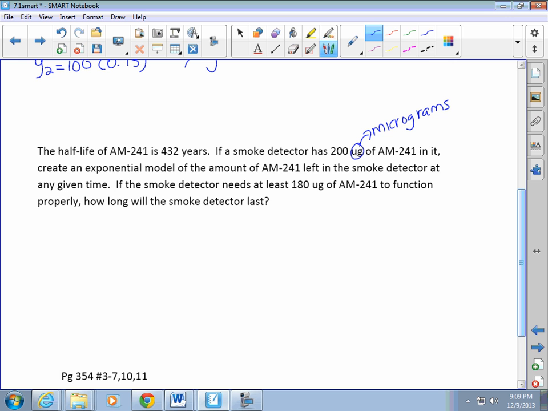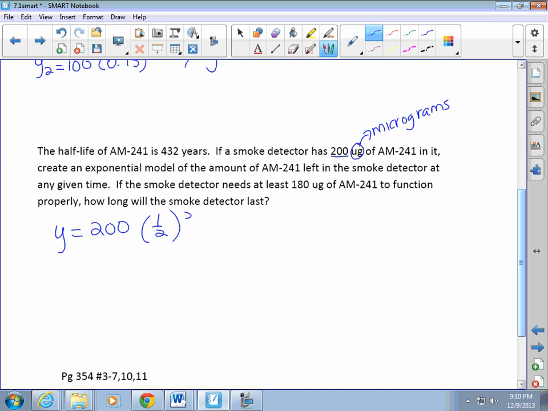Okay, so our starting value in here is 200 units. So I know that that is my A. That is my starting value. The half-life means that every 432 years there's going to be half as much in there. So that is the exponential base. It's decreasing by 1/2 for however many years you have.